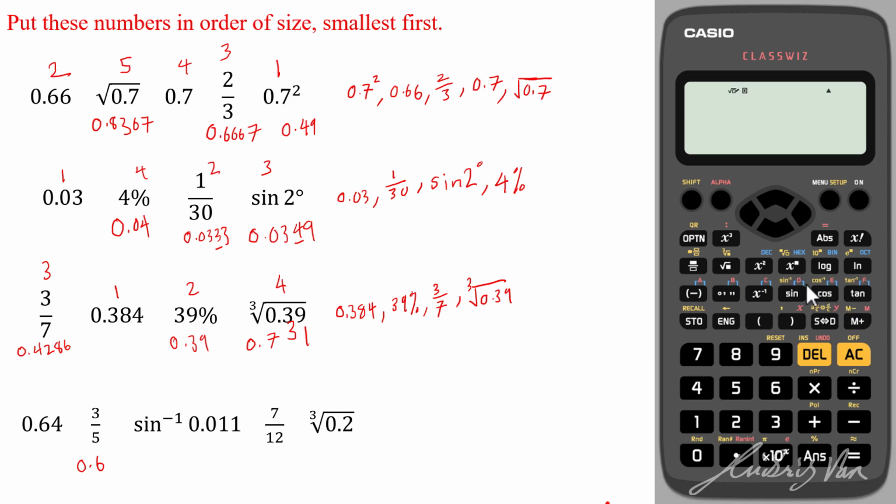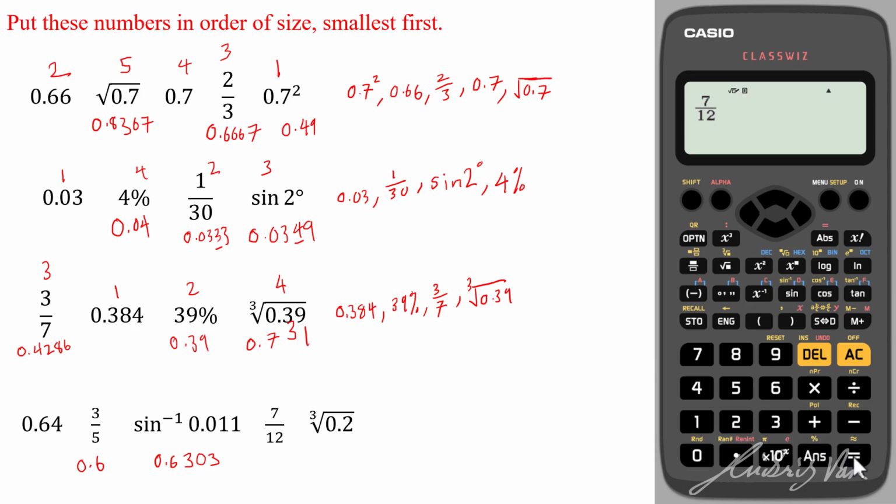Sine inverse is actually above sine. So again, we need to press shift and sine inverse. 0.011 close bracket, equal 0.6303.